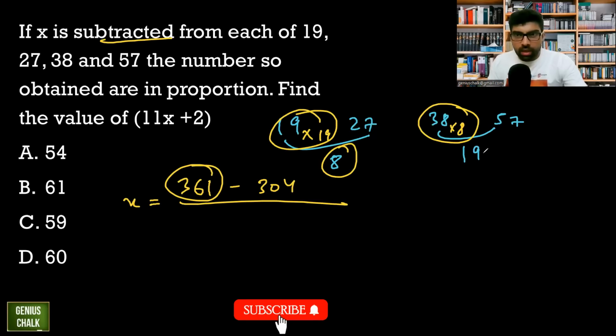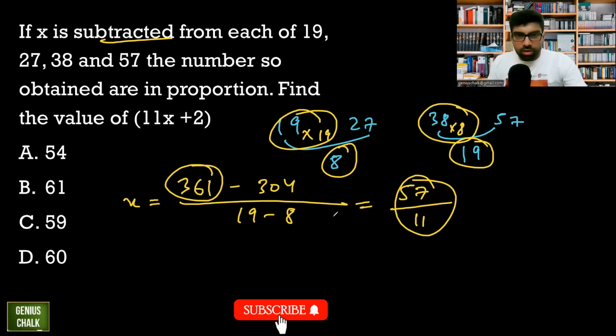So x value will be now 19 minus 8. X value will be positive. So it becomes 57 by 11. So this is the value of x. Now what is asked? Find the mean proportional of this. So let's find. Sorry, not mean proportional. It's just 11x plus 2.